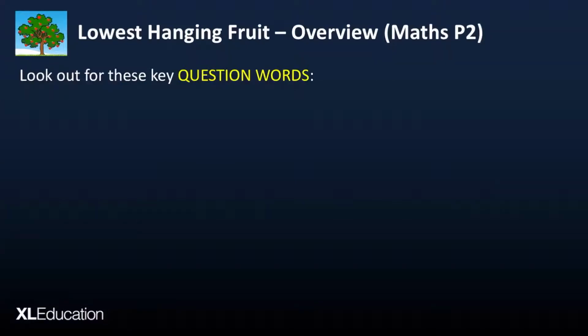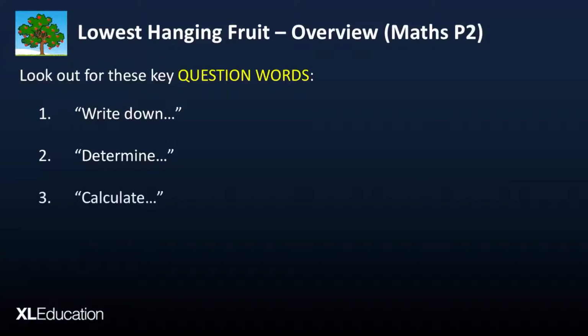Whenever you get to a question paper, I want you to look out for these keywords. Write down. Write down is something that must always trigger that this must be a lowest hanging fruit. These are easy marks. If you see the word determine, that is also another easy mark.